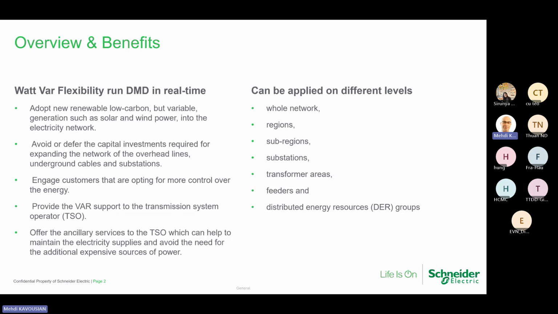So with this application, we can adopt load management at the network level. When I say network level, it's from substation upwards. So normally you want to say, okay, I want to reduce.